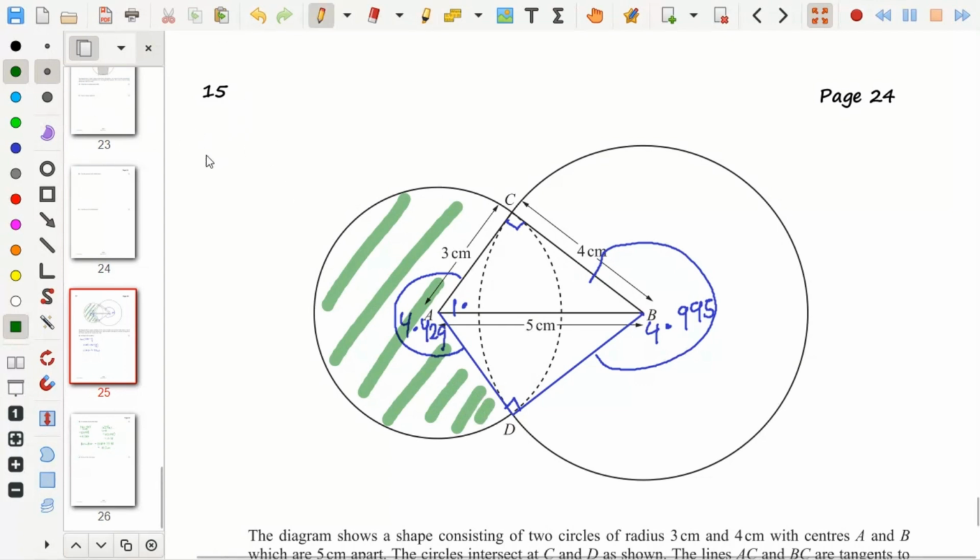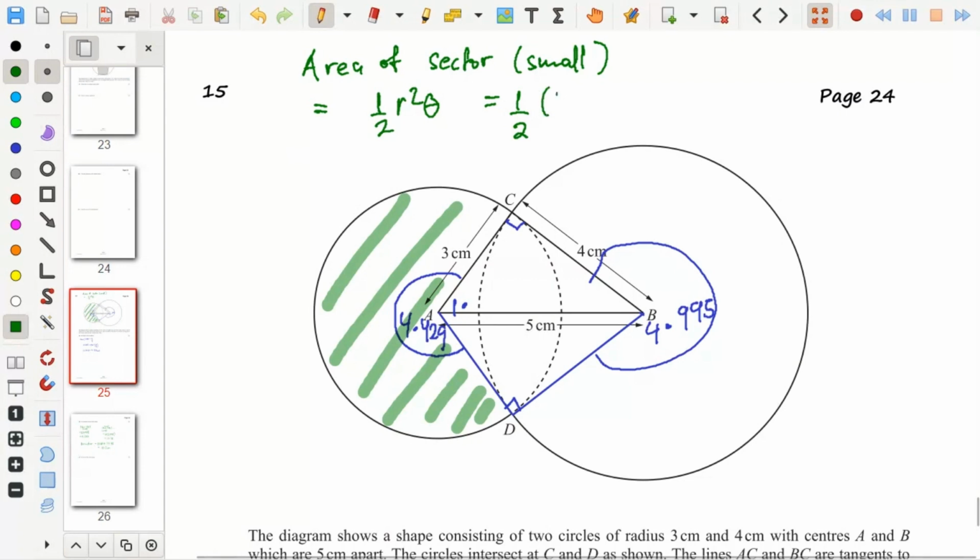The area of this sector is given by half r squared theta. Okay. So now my r is 3. My angle is 4.429. I'll come back to this.